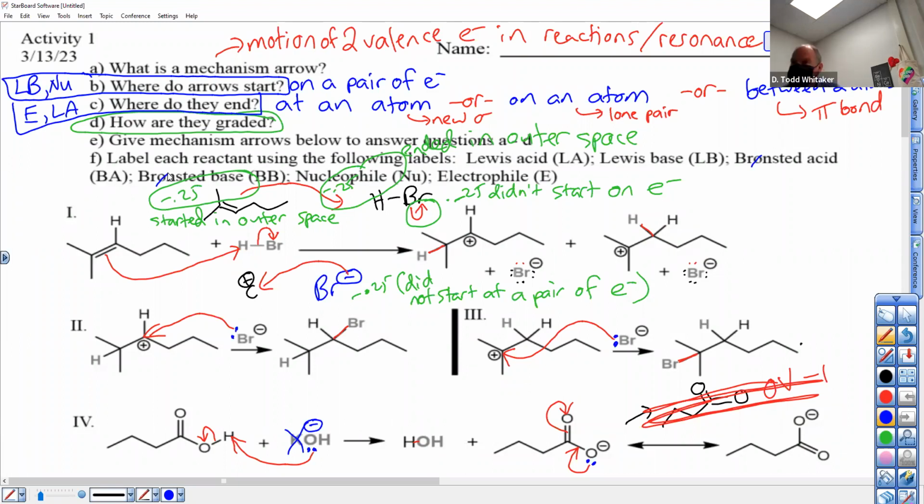So that's all about protons, everybody. Bronsted is about protons, and it's that proton that's the definition of an acid, right?